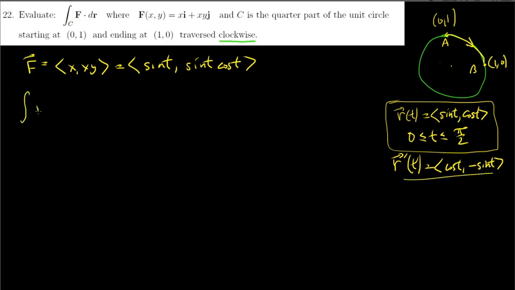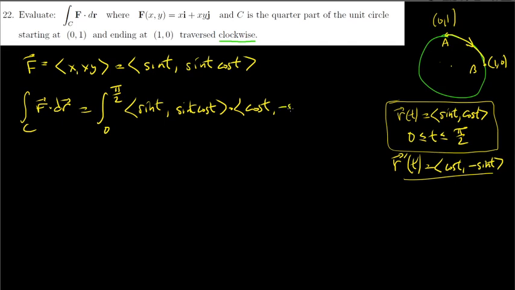So the line integral of this vector field is just the definite integral from 0 to pi over 2 of sine of t, sine cosine, and then the dot product with cosine, negative sine. This is my dr, and this is my vector field f expressed in terms of t, and then you just take the dot product.